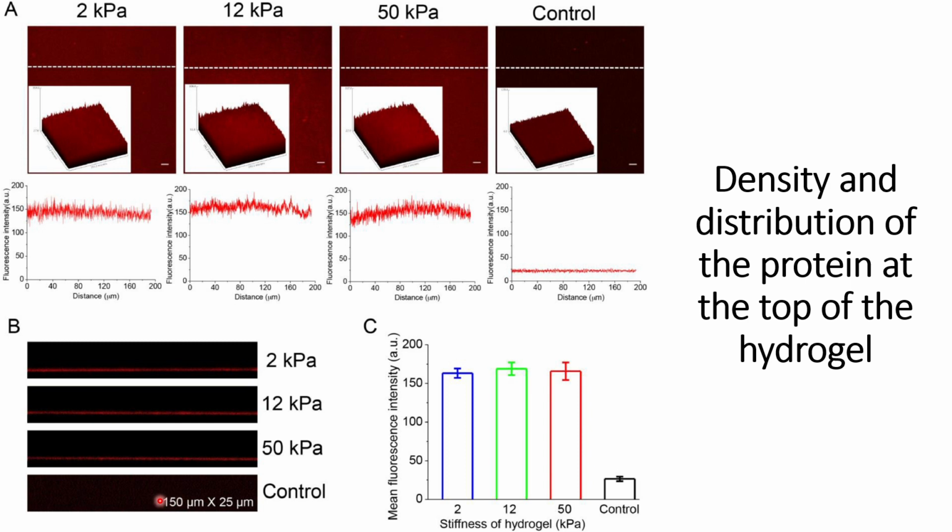And for the controls they do not see any fluorescence signals. The quantification of the mean fluorescence intensity is shown in panel C, where we can see that the fluorescence intensity does not vary too much with different stiffnesses of the hydrogels, but for the control the mean fluorescence intensity is lower.